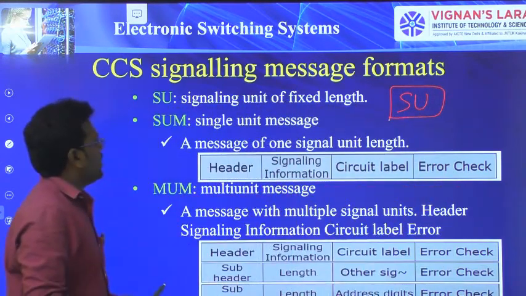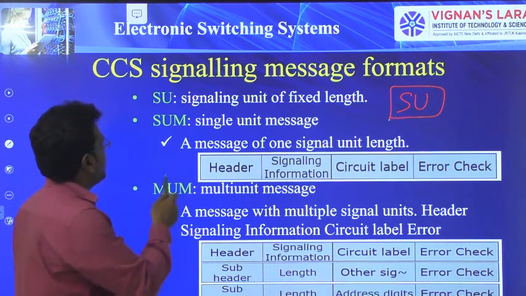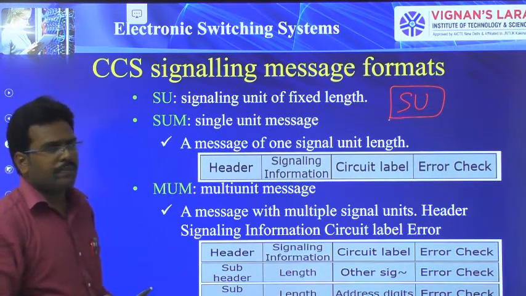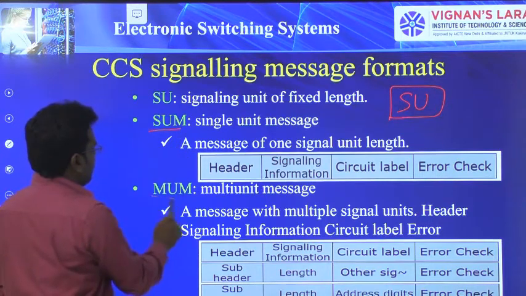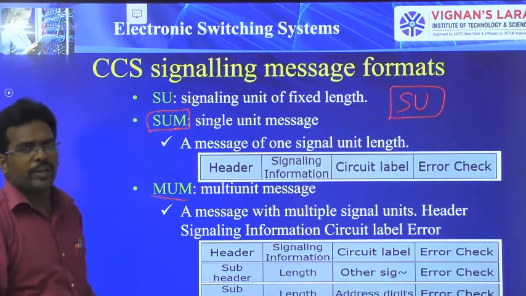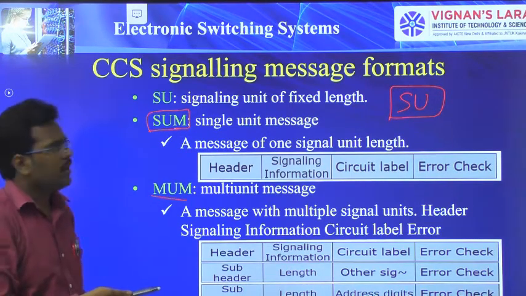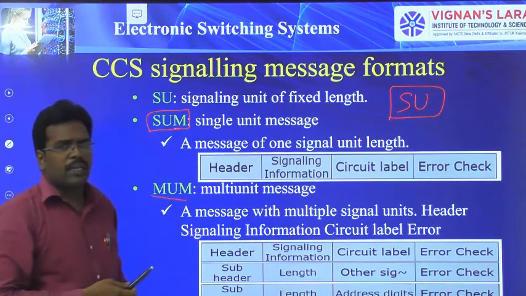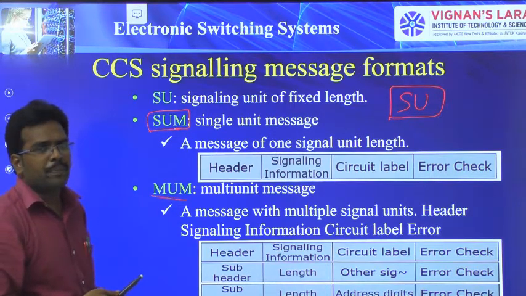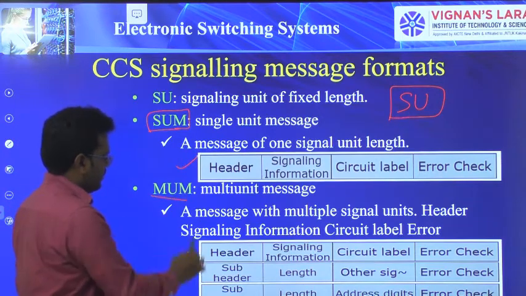The signaling unit has a fixed length. There are two types of signal units, SUM and MUM. SUM stands for single signaling unit, also called single message unit or single unit message, and MUM stands for multi-unit message. Now the formats of SUM and MUM are like this.